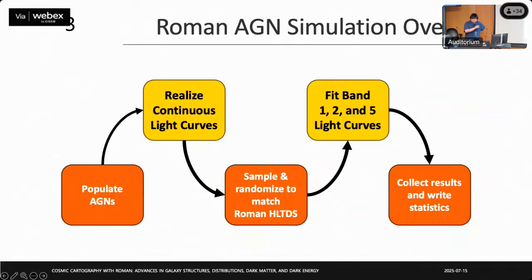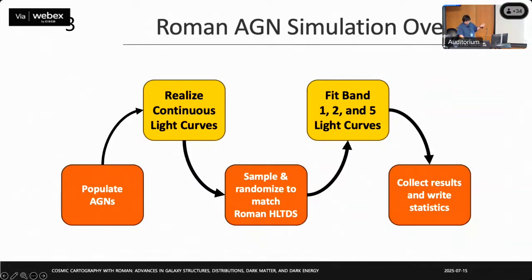To test how useful this time domain survey would be, we ran a series of simulations as follows. We first generated hundreds of AGNs and realized their continuous light curves for each of them.